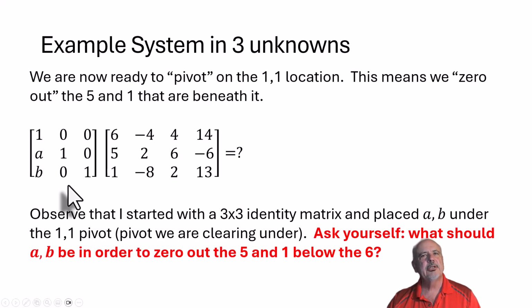So it's up to us to figure out what A and B need to be, so that when I see what my next augmented matrix is, the first row stays the same, but what's under the transformed 6, I want that to be 0, 0.